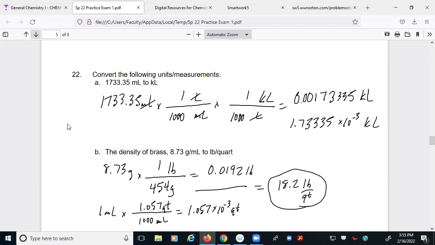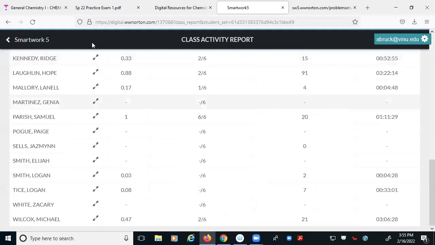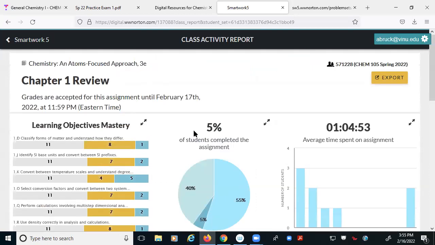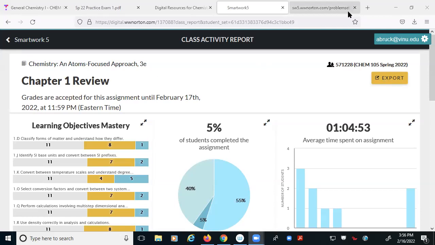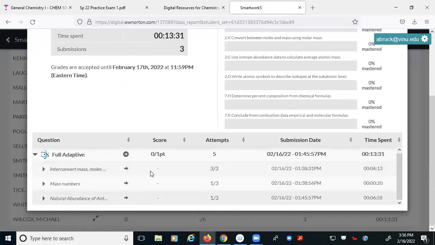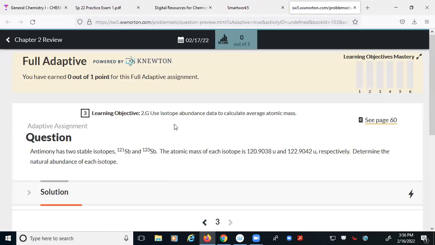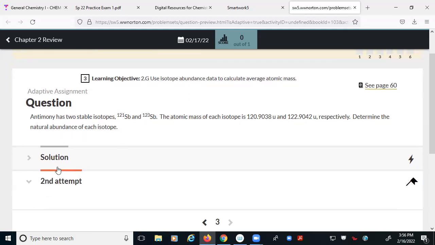In the second review, review 2, I have one about abundance where it's asking for the percent of abundance, and it's giving you... This is another common homework question, but it is not a common quiz or exam question.